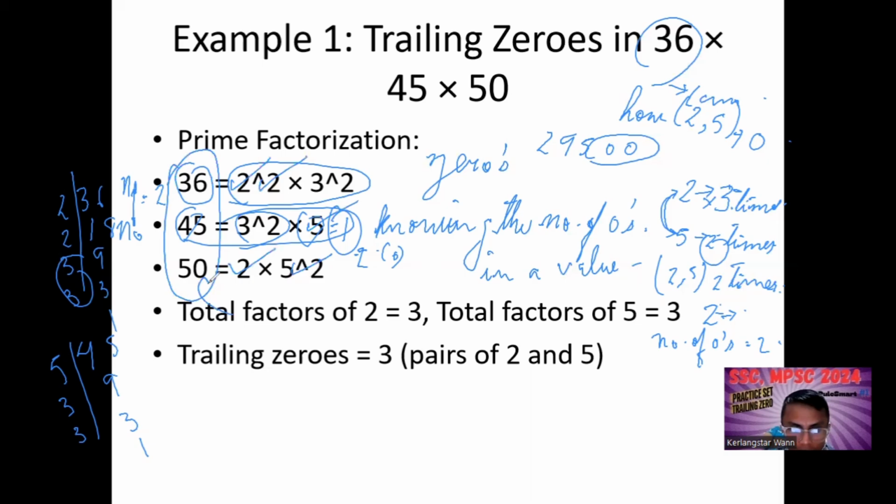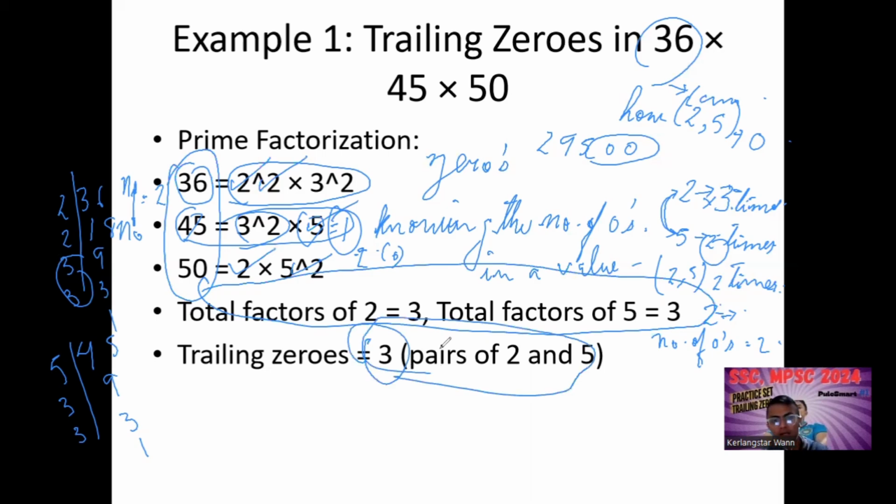Total factors of 2 is equal to 3, and total factors of 5 is equal to 3. So trailing zeros will be 3 pairs of 2 and 5. We form 3 pairs here, so this is the first example. We get 3 zeros here. Trailing zeros is equal to 3.